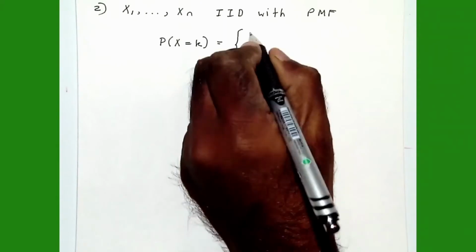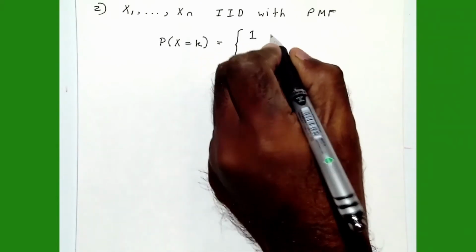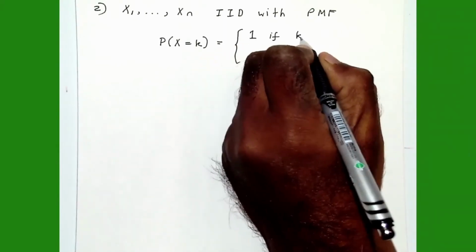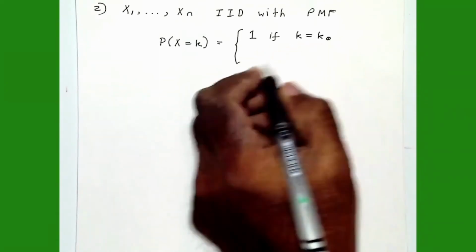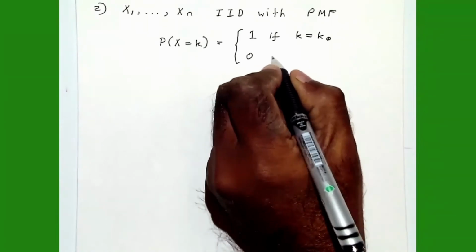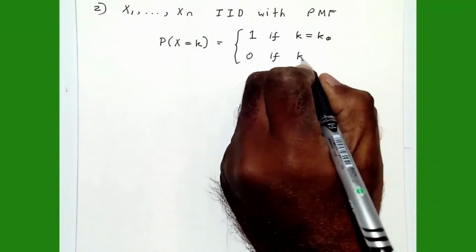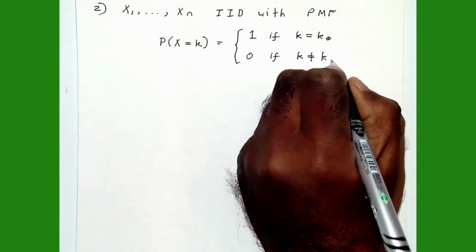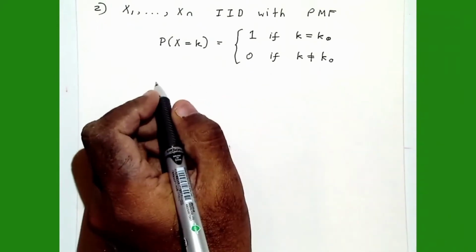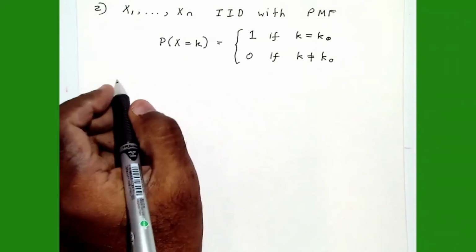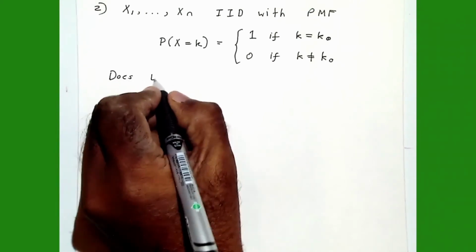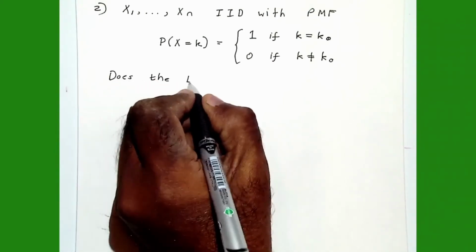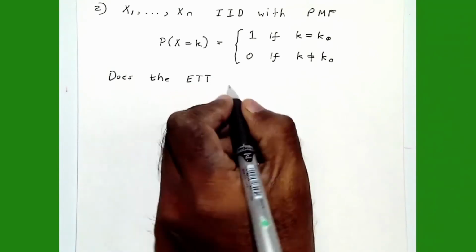It takes the value 1 if k is equal to k0, where k0 is a fixed number, and it takes the value 0 if k is not equal to k0. The question is, once again, does the ETT hold?